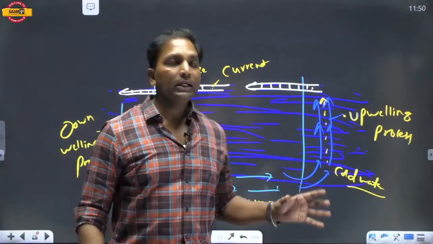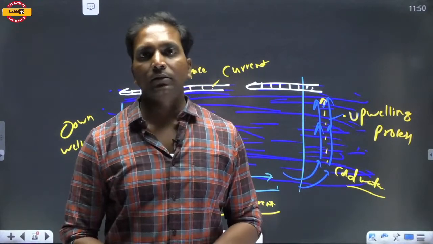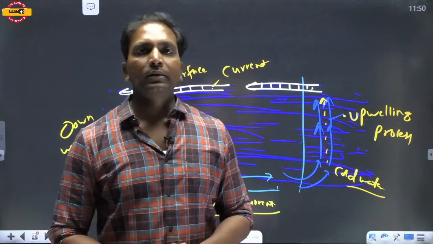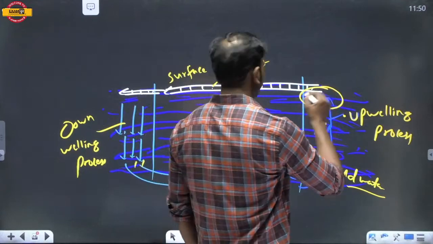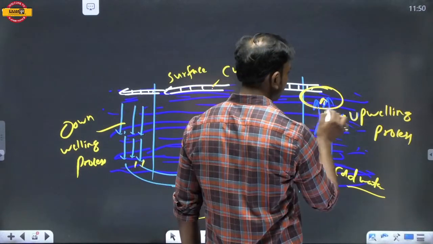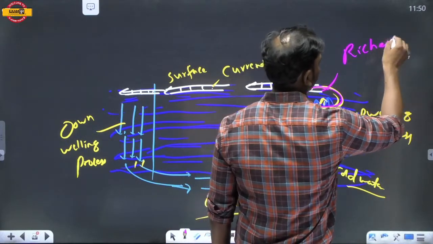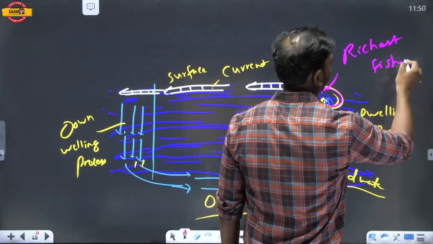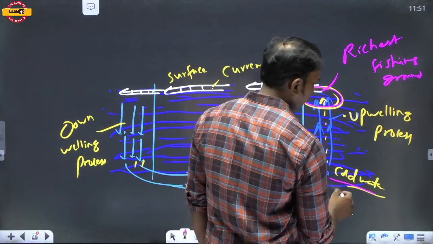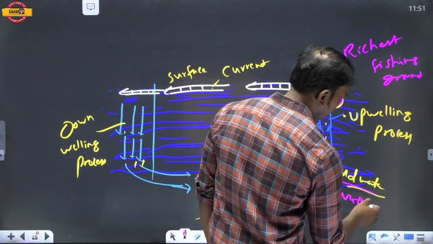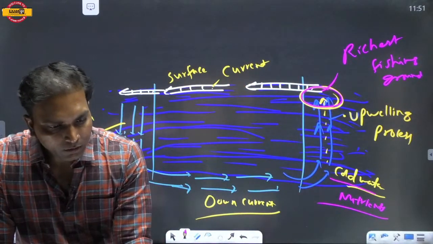And at several places of the world where upwelling is happening, these are the richest fishing grounds also, because the cold water brings up the nutrients from beneath.